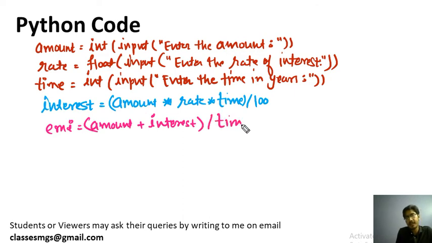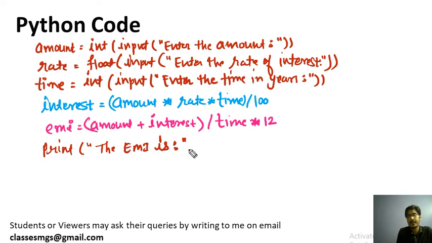Time is given in years, so you need to convert it into months by multiplying by 12. Now you simply print the EMI, this will result in the EMI. So it is a very simple program, you can do it.